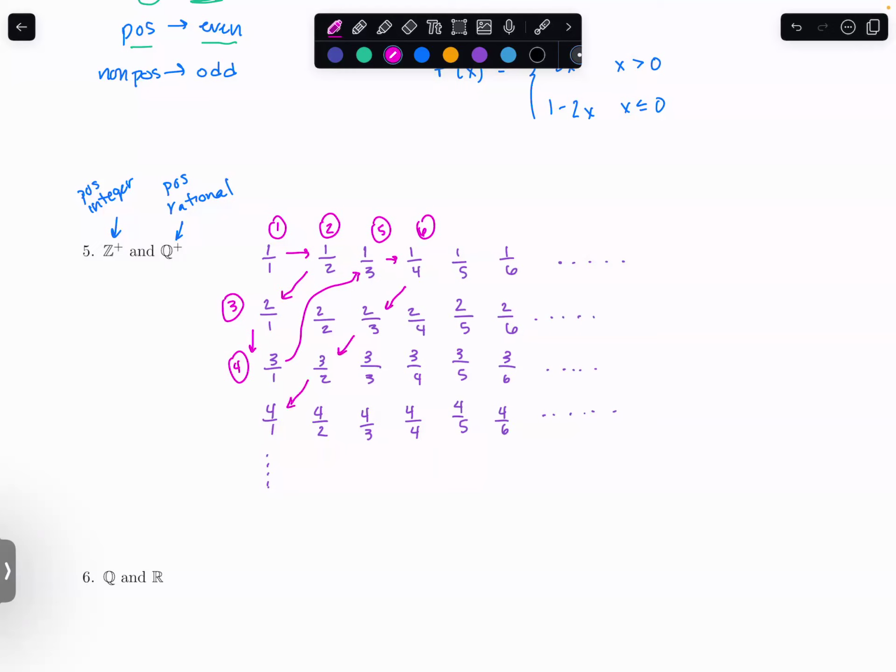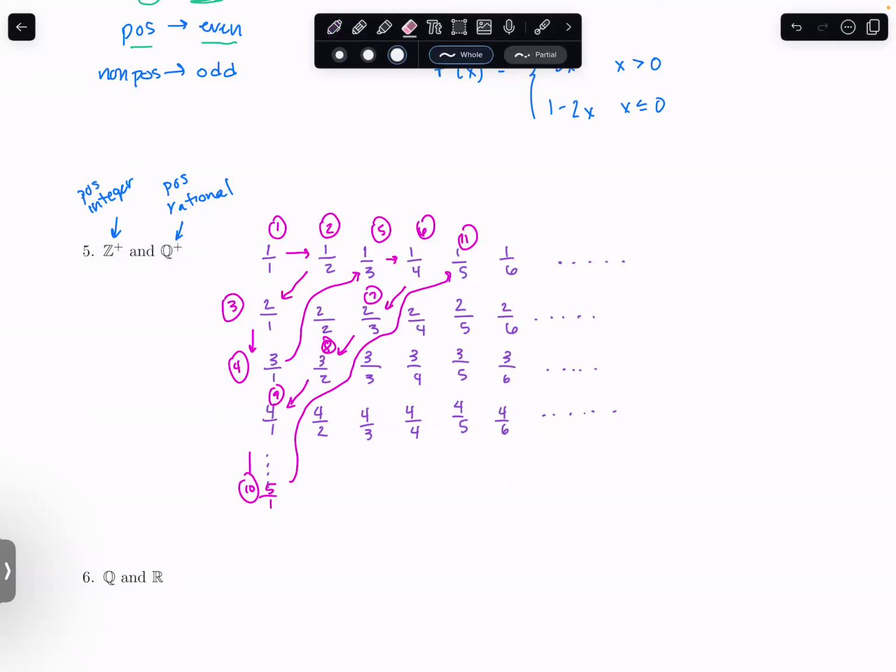Those are your 7th, 8th, 9th entries. And then you would go down to 5/1, and then scoot back up, skipping any duplicates, which 2 is 1, 1 is 1, 1/2 is 1. So you go all the way back up to 1/5. That'll be your 11th entry.